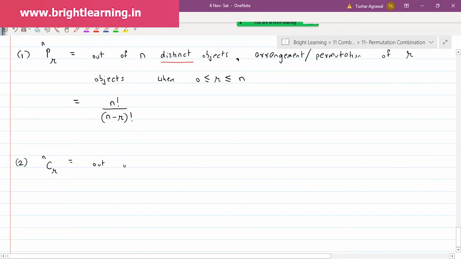Again, out of n distinct objects, distinct is important, combination of R objects, where R is greater than or equal to 0, less than or equal to n.